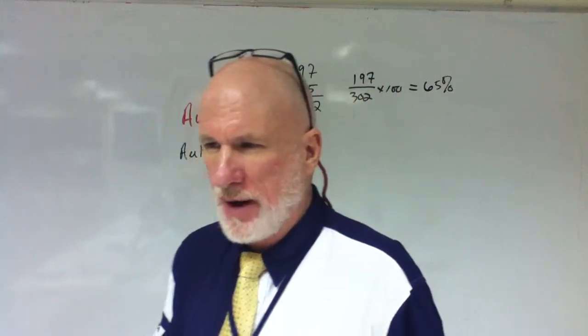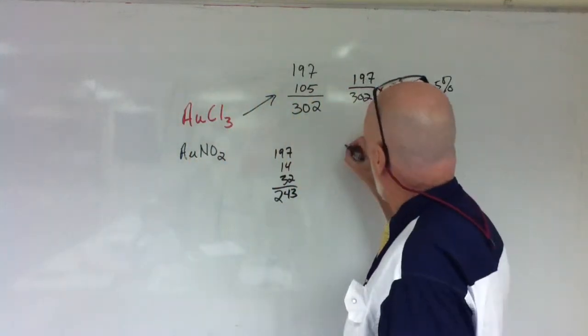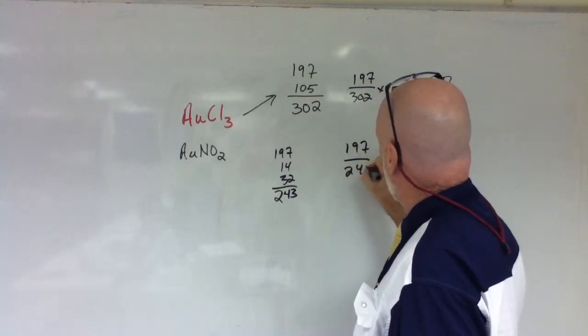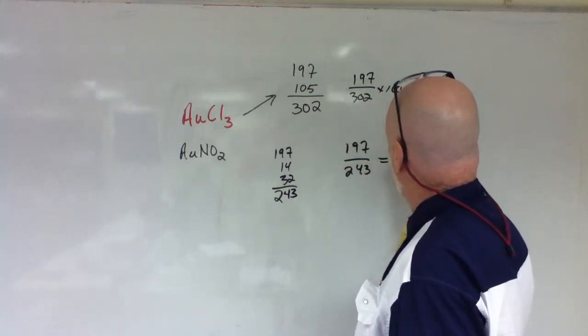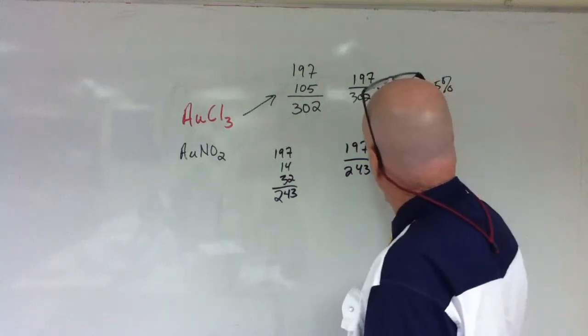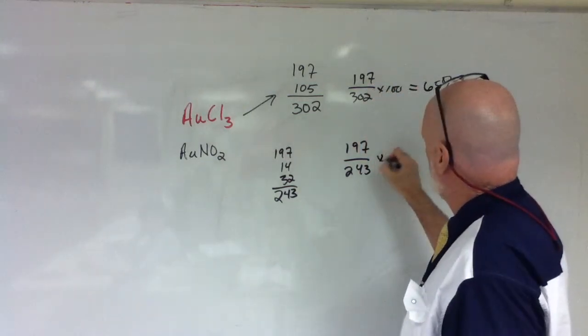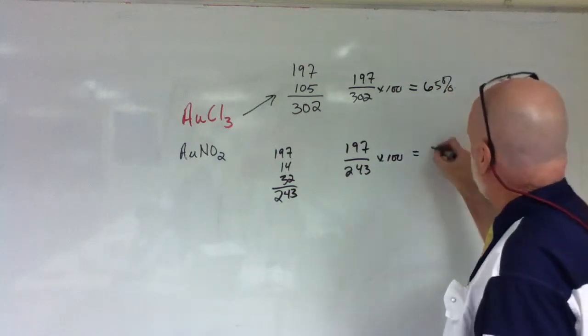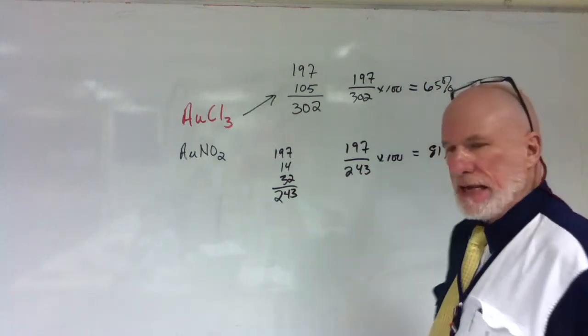Is that correct? Okay. So 197 divided by 243 times 100 is going to equal what? 81. 81%.